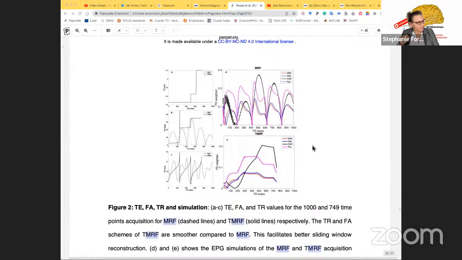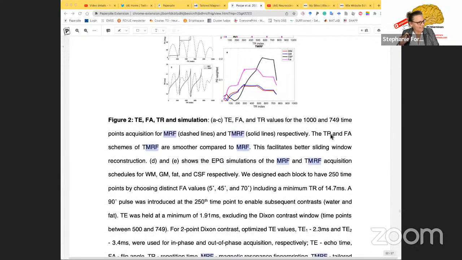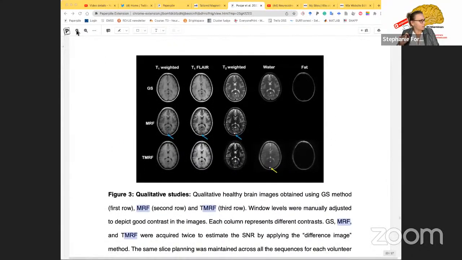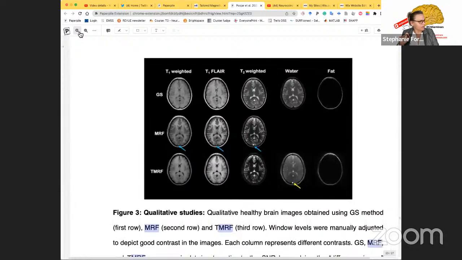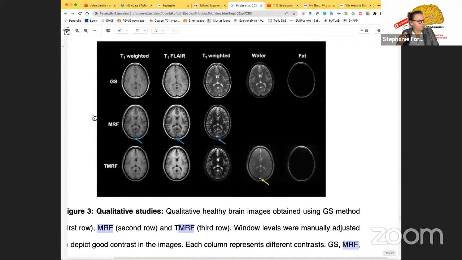Then for the physicists amongst you, this is probably quite a nice figure. And then here we have the images, and I'm just going to make it a little bit bigger so we can see it better. So GS is the vendor supplied gold standard. MRF is the normal fingerprinting, and then we have the tailored fingerprinting. And these are the types of images that you can get from a 2-minute scan.